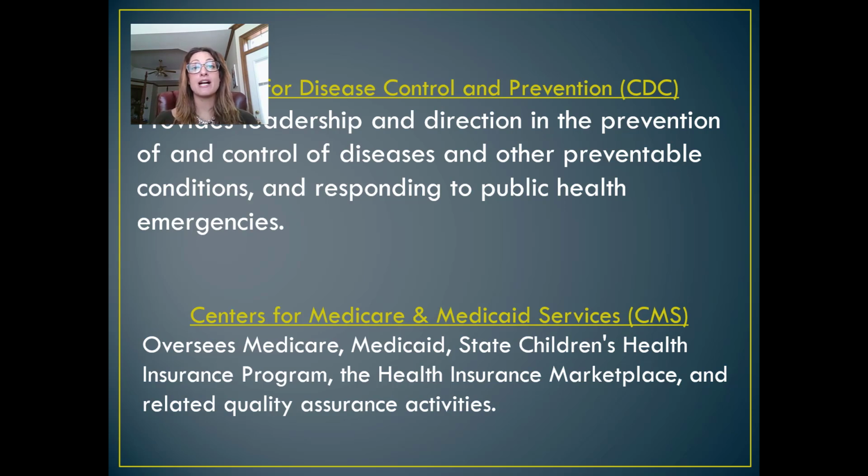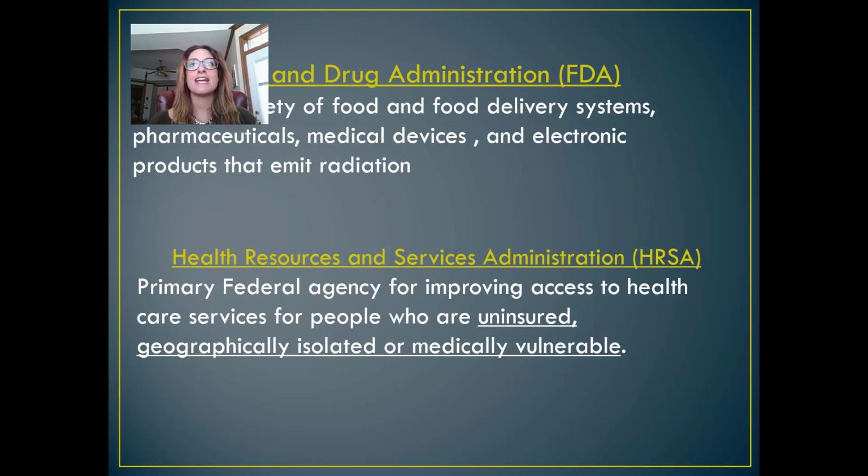Those are the public health insurances and trying to make sure that people who qualify via age, by income, and by disability have access to high quality care. We've got the FDA, which does more than just monitor food outbreaks or foodborne illnesses. They're also in charge of some pharmaceuticals as well as ensuring the safety of medical devices.